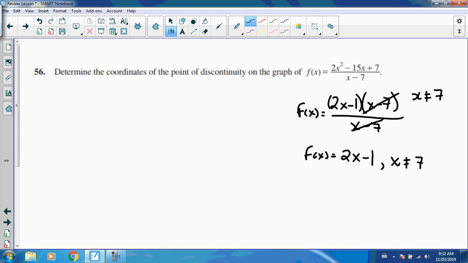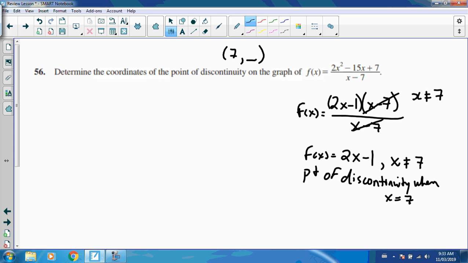So there will be a point of discontinuity when x equals 7. So that's half of my coordinates. So I know that it's 7, and now the question is, what's the y value of that coordinate?